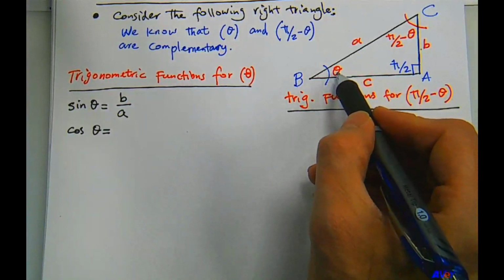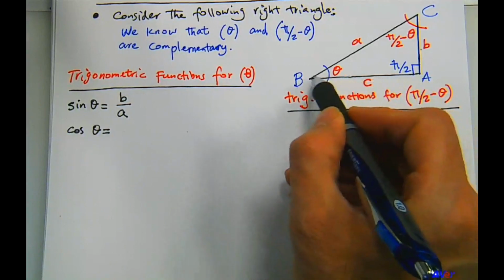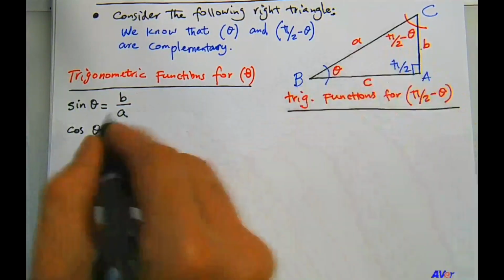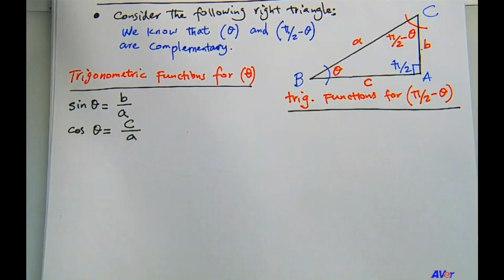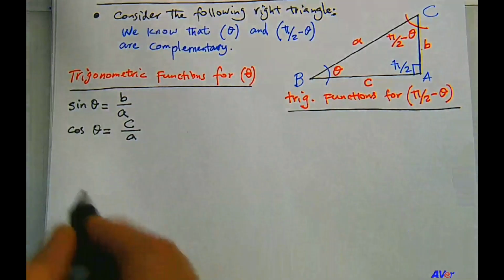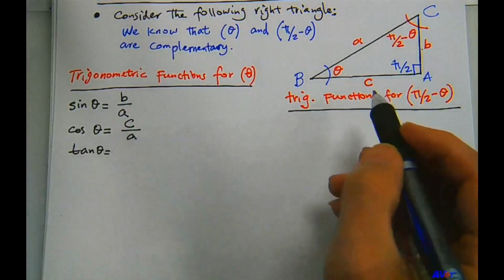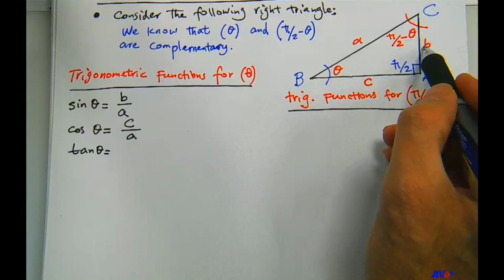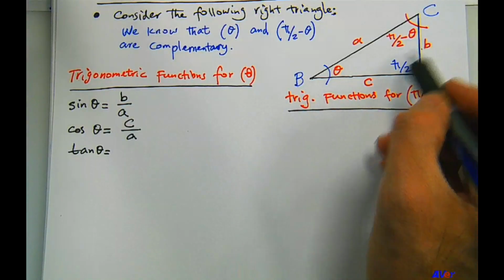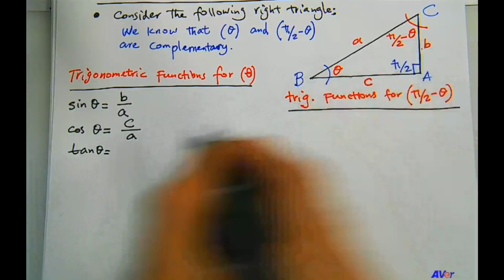The cosine of theta is equal to the adjacent side divided by the hypotenuse, so c over a. Then the tangent of theta is going to be equal to the opposite side divided by the adjacent side. So b over c.